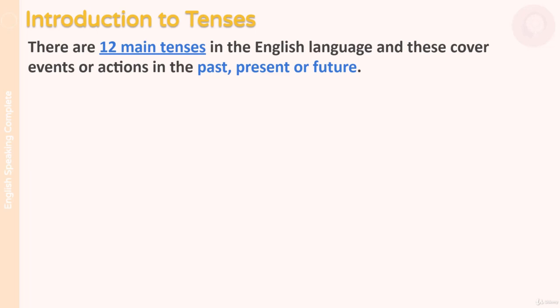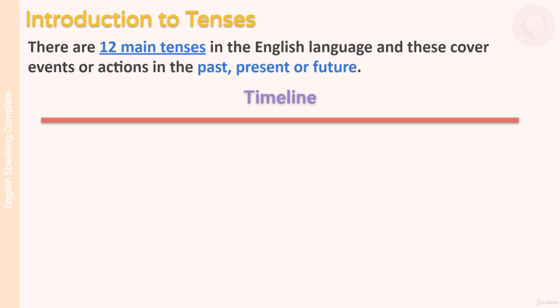And basically, these cover different types of actions, but also 3 time events too: past, present, or future. So if we consider this timeline, we have past, present, and future. Tenses are used to be able to speak about time. So without the tenses that we have, it would be difficult to do so in such detail.